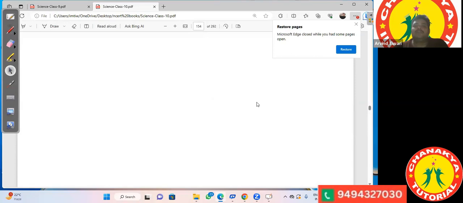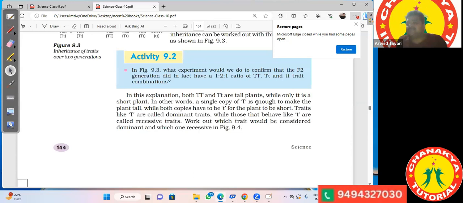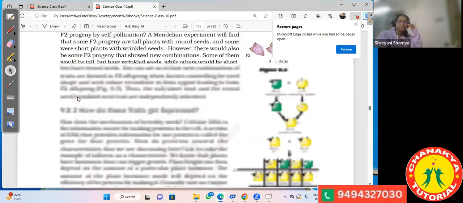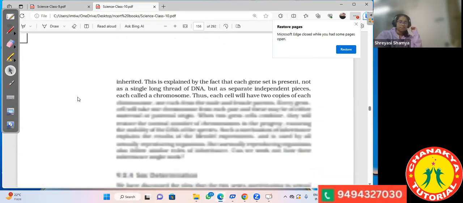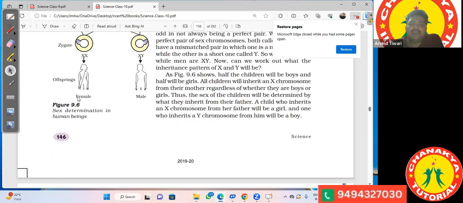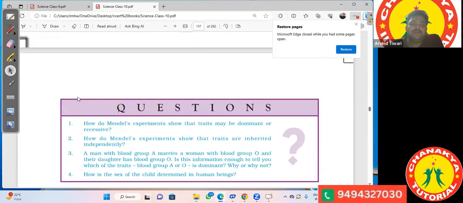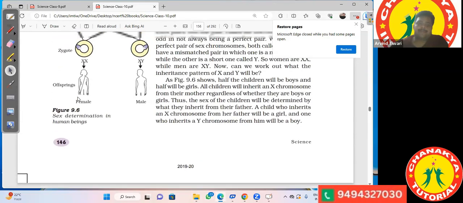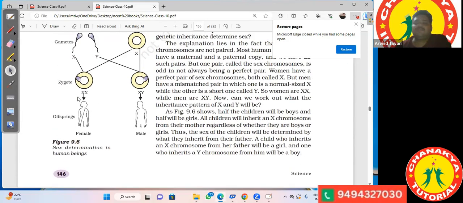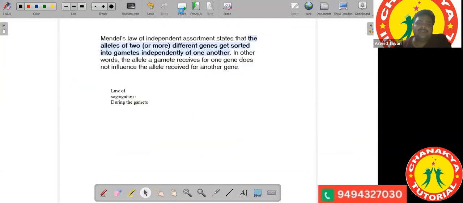Okay, we are left with sex determination, and I think we are also left with blood group. These are the two things which are left from this topic. So let's complete today's sex determination.